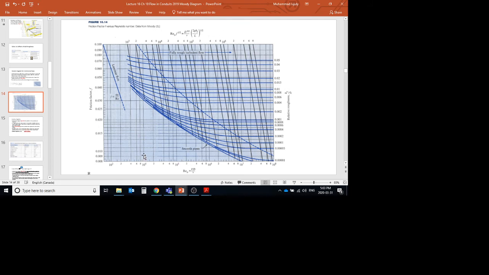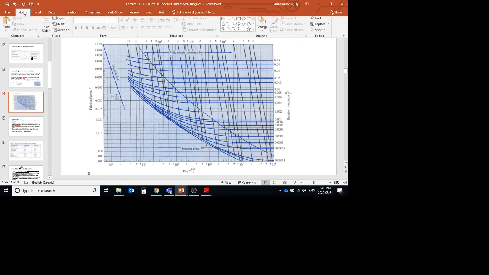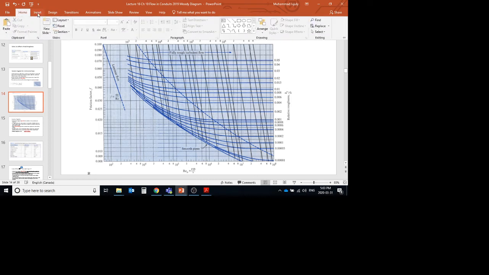So how we can calculate: as we already know, for Reynolds number less than 2000, or nearly 2500, we can use the laminar flow relation, f equals 64 by Re. If your Reynolds number is given and it says it is laminar flow, then for instance, your Reynolds number is 1000, so you can draw that like this.